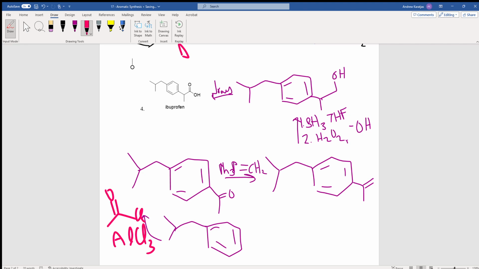But I've got another alkyl group to get on there. If I had a carbonyl there, I could reduce that.